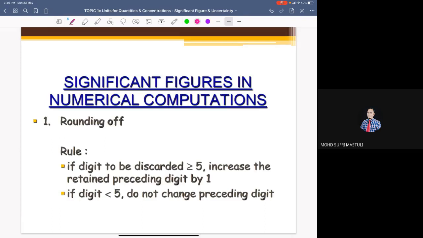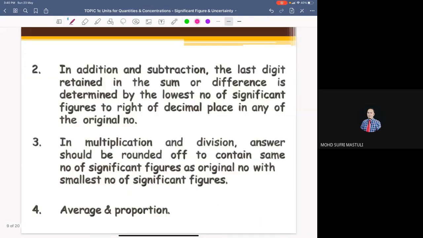With significant figures in numerical work, we can round off. The rule for rounding off: if the digit to be discarded is more than 5, we increase the preceding digit by 1. If the digit is less than 5, do not change the preceding digit. This is the rule of rounding.